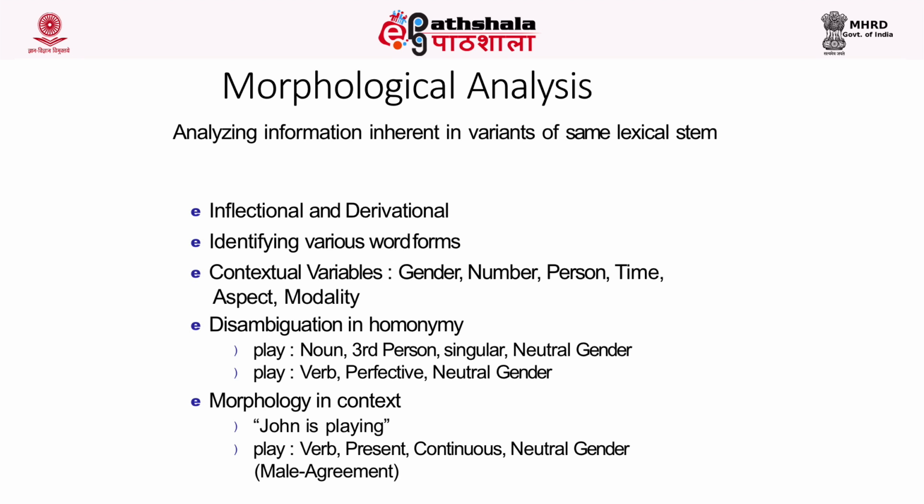So the word play in English is ambiguous, and one analysis is noun, third person, singular, neuter, and the second analysis is verb, perfective, neuter gender. Therefore, morphology has to be predicted in context. John is playing, where play is to be analyzed as a verb.